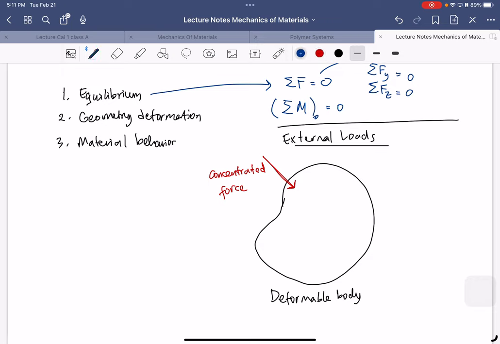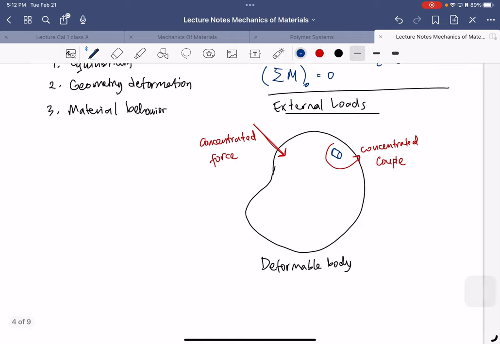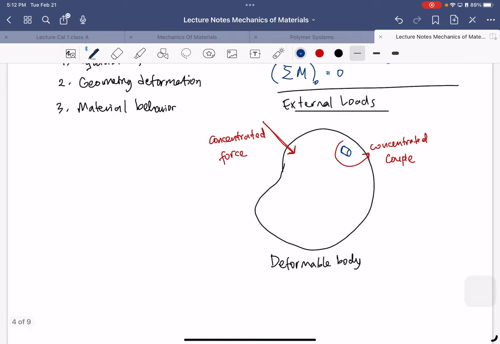You can imagine this like a cylinder, and we can imagine that there is a concentrated couple, a moment. And then here we call this a line load.